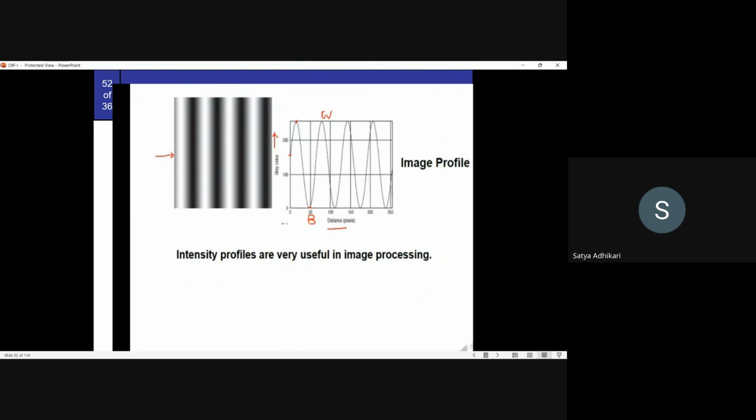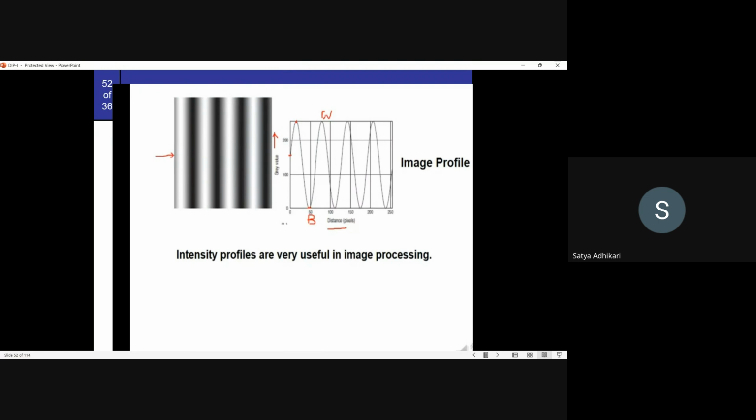You see here, intensity profiles. So it is a graphical representation of an image, which is known as image processing.